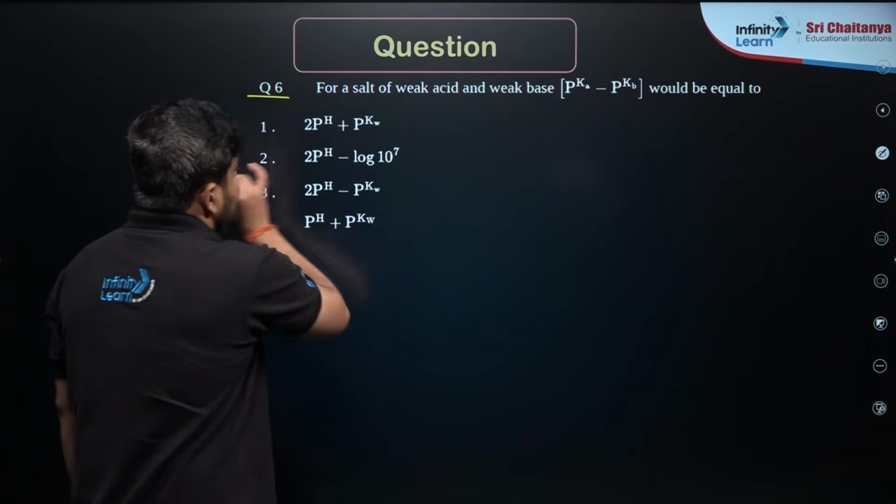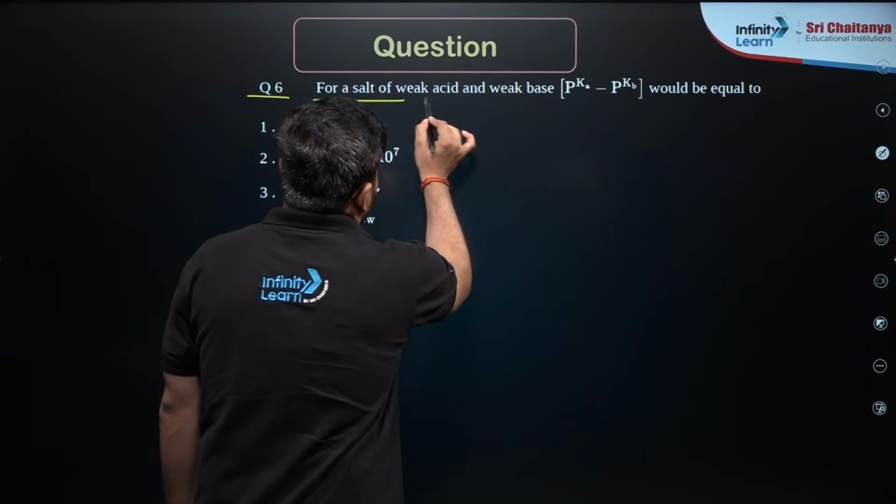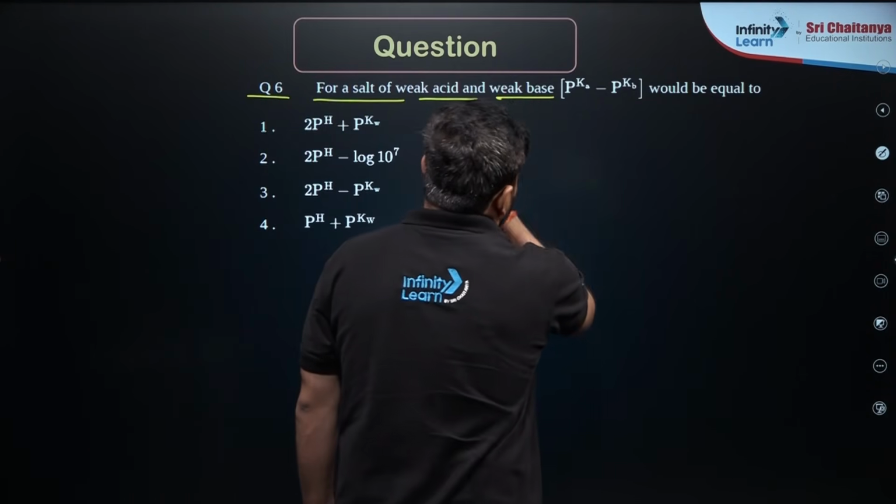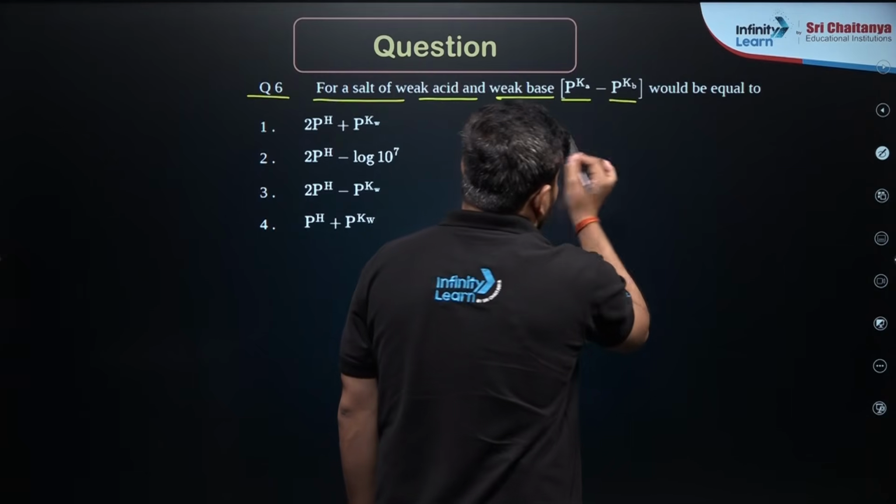Question number 6: what is the main point for a salt of weak acid and weak base? pKa minus pKb is given.